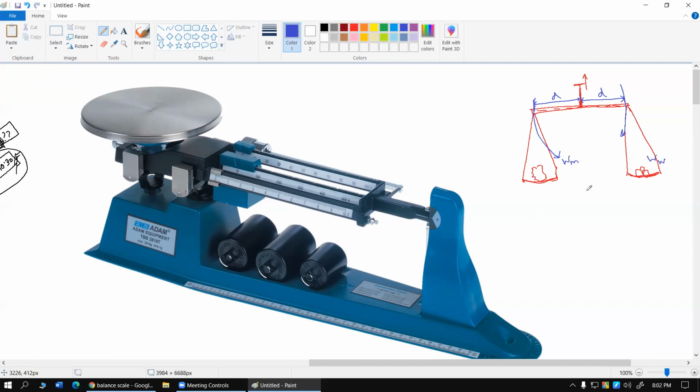By the principle of moment, W of the unknown mass multiplied by D equals the anti-clockwise moment, which should equal the clockwise moment, the weight of the weighing stones multiplied by D. D and D cancel out. Elaborating the formula, mass of the unknown mass multiplied by g equals mass of the weighing stones altogether multiplied by g. g and g cancel out, which ultimately makes these two variables equal to each other. So this is a very simple case of the balance.